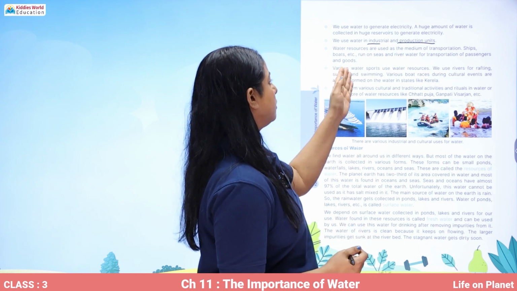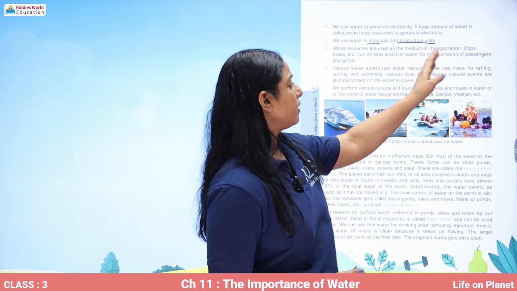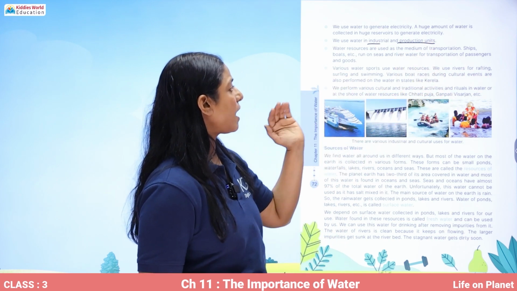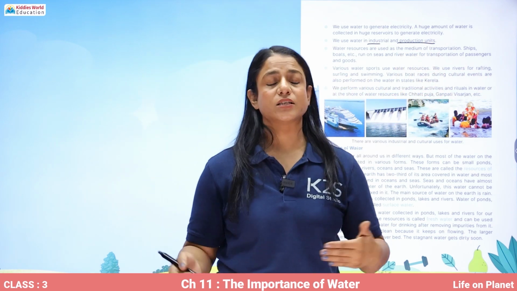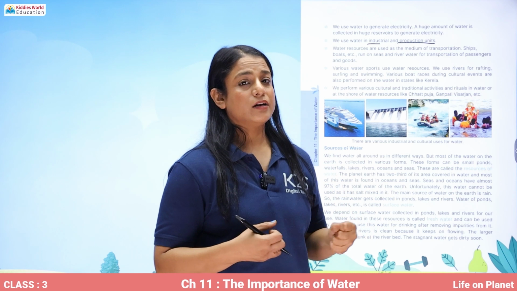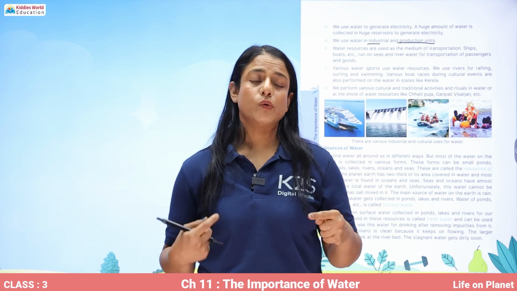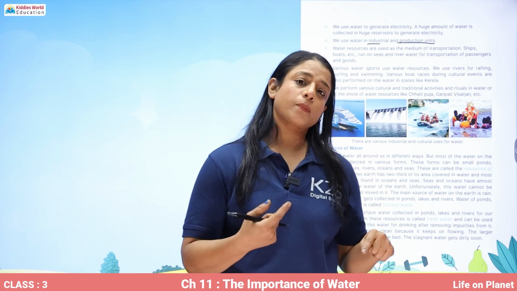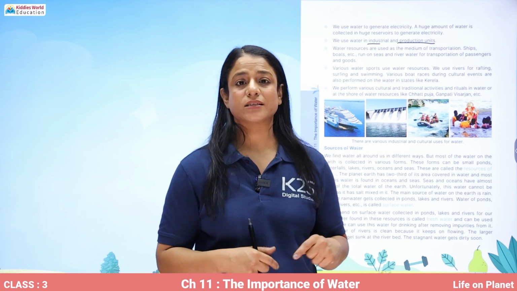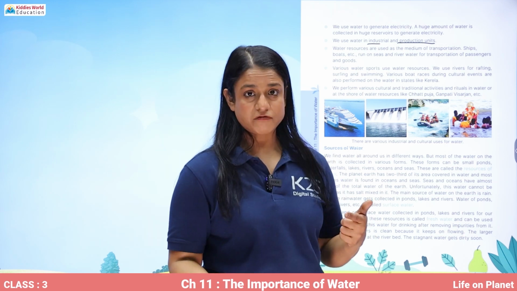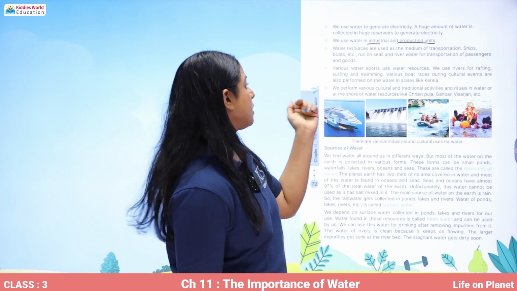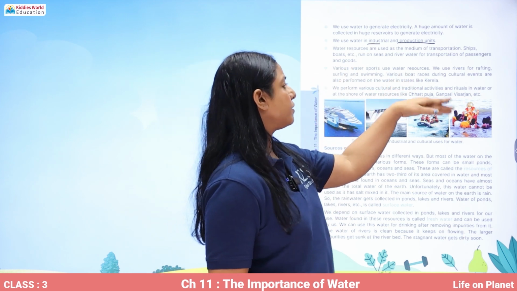Ship boats run on seas and river water for transportation of passengers and goods. Then there are various water sports which require river water or ocean water for performing such sports like surfing, river rafting, swimming. So various water sports use water resources.